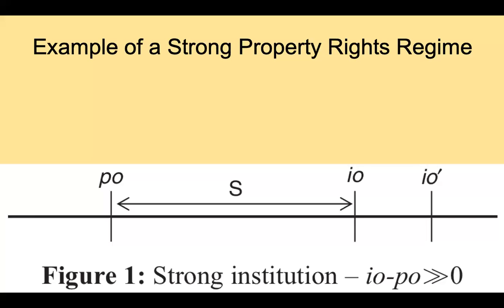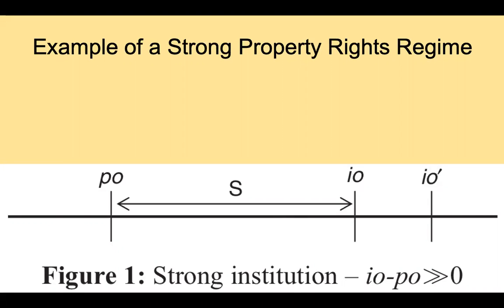Okay, that's our intended outcome. Our institutional outcome, if it's a strong property rights regime, would be something like most assets owned by private individuals are protected. Most assets owned by private individuals are kept under their control and not expropriated by the state and not taken control of by the state.